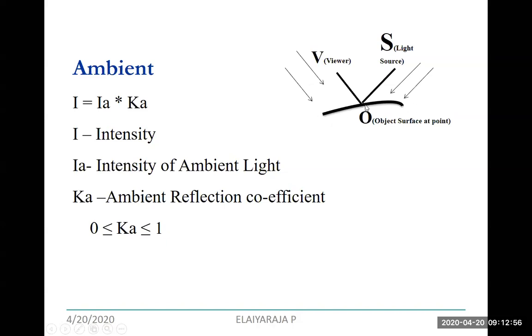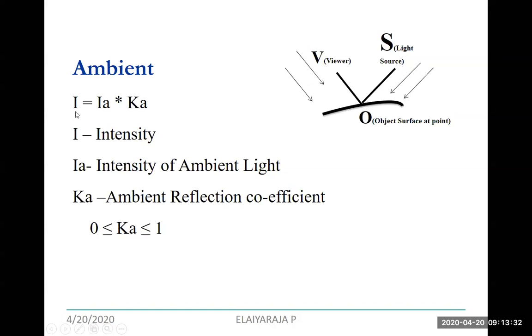In the room, at one point, the light rays hit from the source of the light, and what you can see from the viewer point is completely ambient, right? So here you have to calculate the intensity factor of the source light that hits the surface.